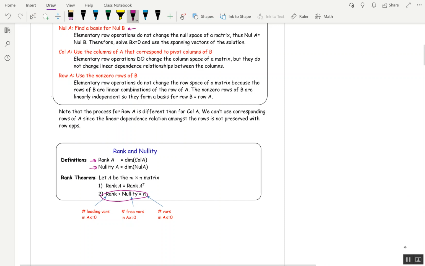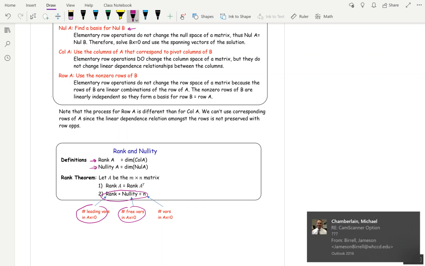Those variables either have to correspond to free variables or leading variables. You're either a pivot column or you're not. So the number of columns, between pivot and non-pivot, has to add up to be n. The first part of the rank theorem says that the rank of A is equal to the rank of A transpose. And that's basically because the rows of A are the columns of A transpose.